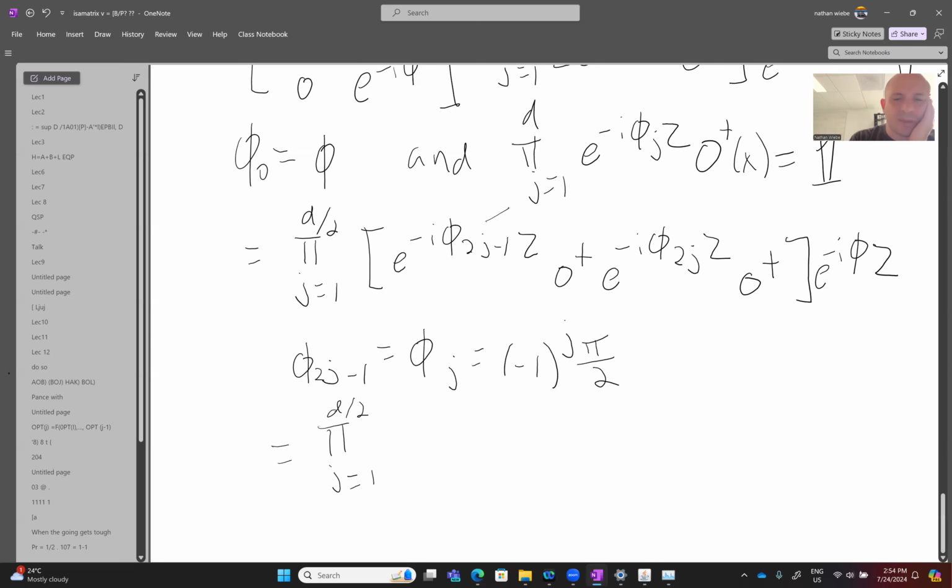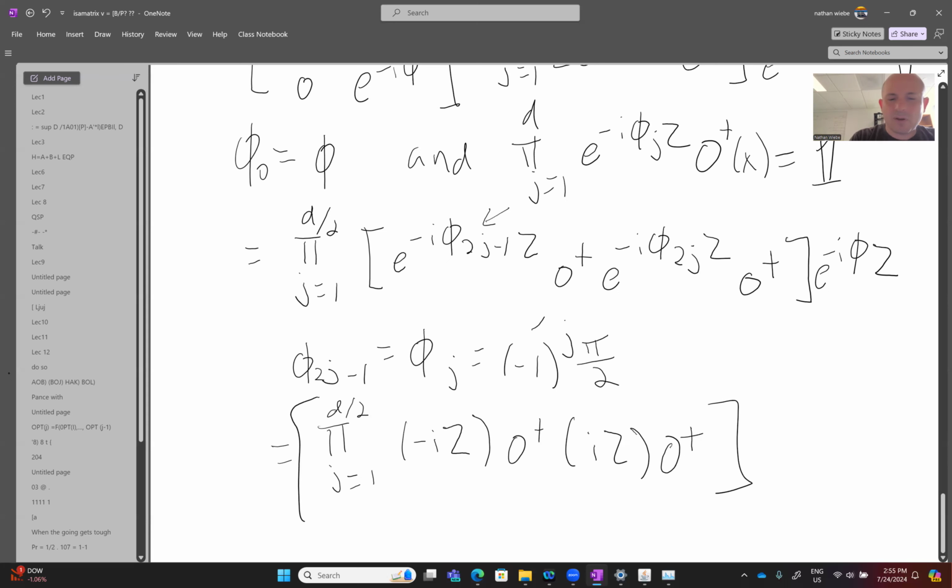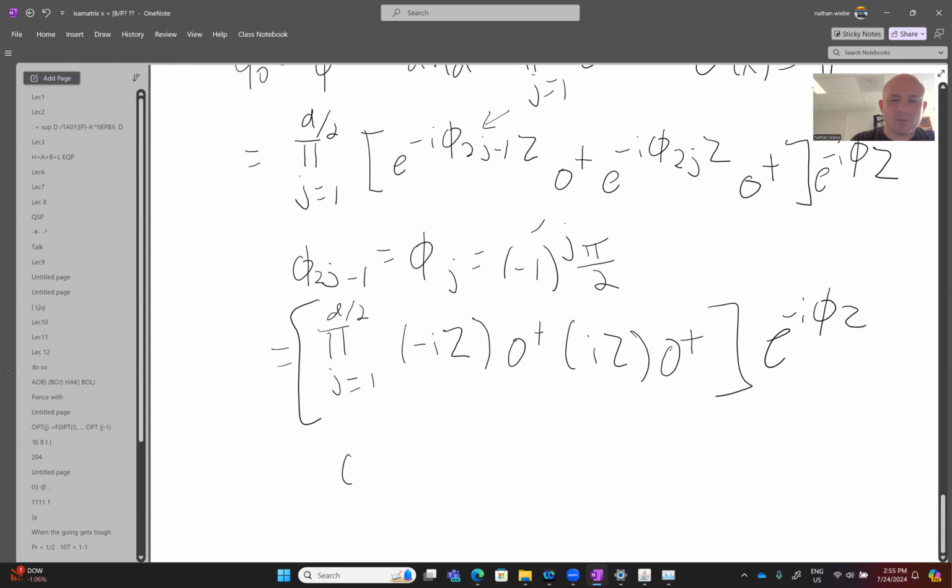Then what will happen is these guys are going to end up forming a negative i j's over here. So we're going to get negative i z from this, and we'll have O dagger, and because of this minus 1 sign, we'll get i z over here times O dagger. But recall that we assumed that O of x is equal to Ry of 2 arc cosine of x.